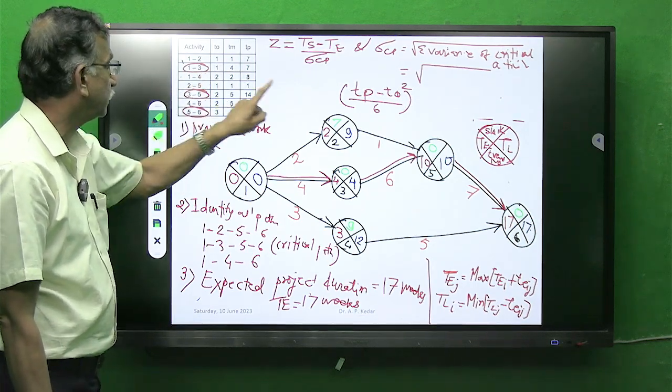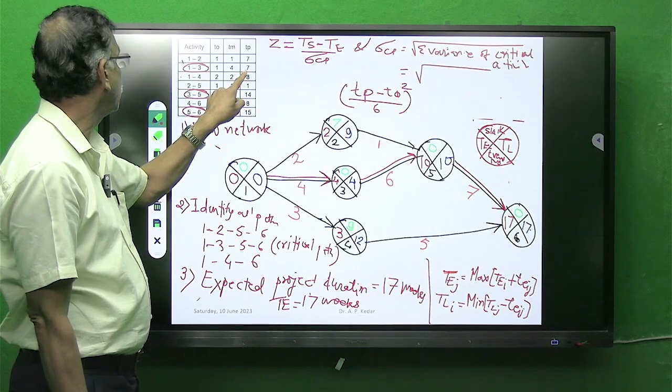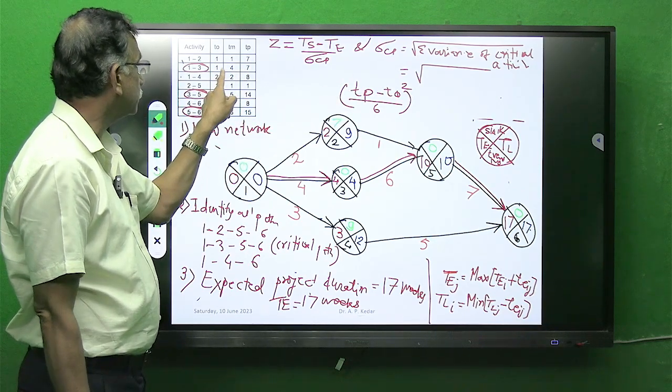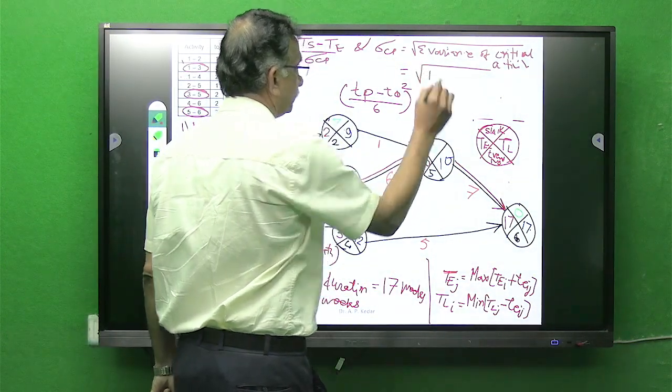For 1-3, Tp is 7 minus To 1, 6 by 6, 1 square, 1.